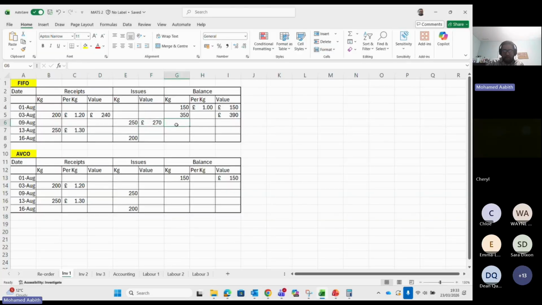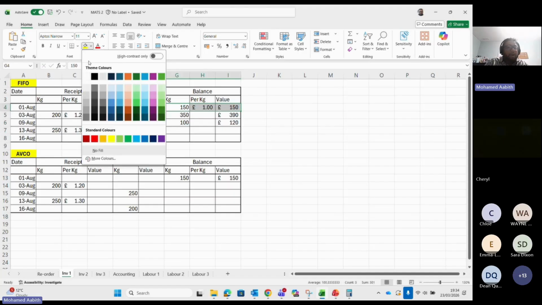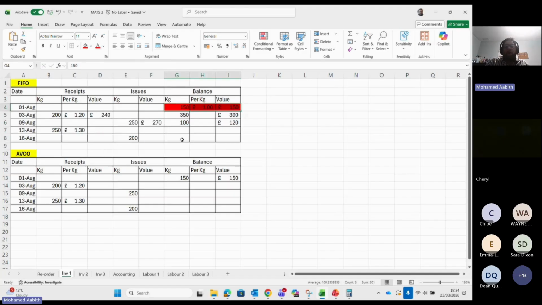What we have left is going to be this minus that, which gives me only 100 kilograms. And what is the value of this? This minus that. Let's prove it. Do we have any of this 150 kilograms? No, that 150 kilograms is now all finished.